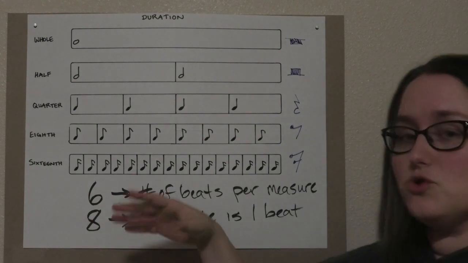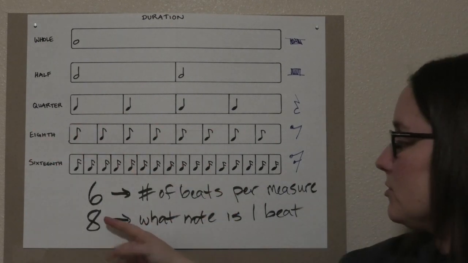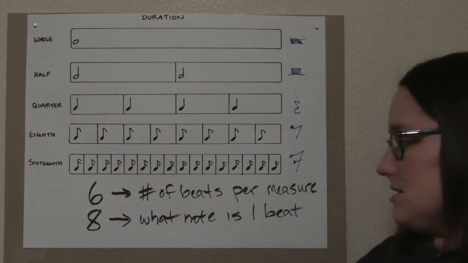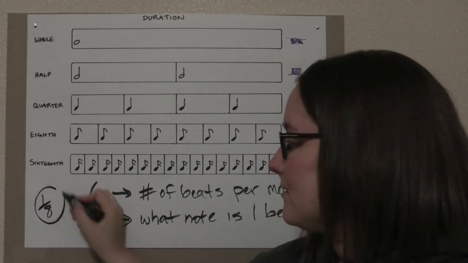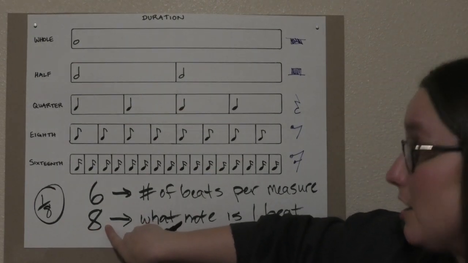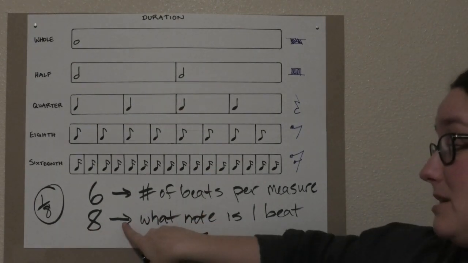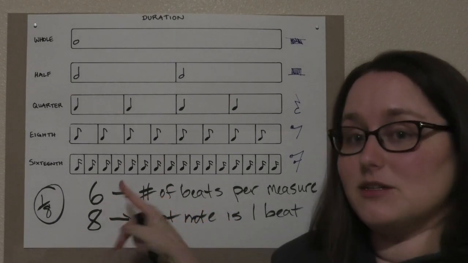So this tells you what has just 1 beat, and that tells you where to start, right? In this case, this number 8, if you put that in a fraction, what's another way of saying that? An eighth, right? So your 8th note is equal to 1 beat, and you get 6 of them in each measure. That's what that time signature says.